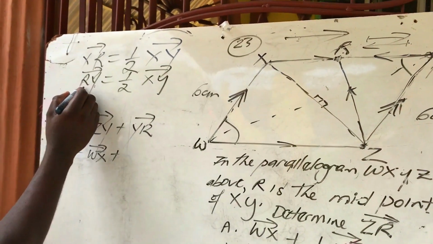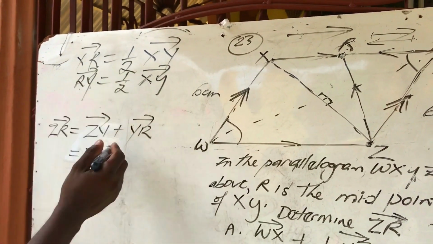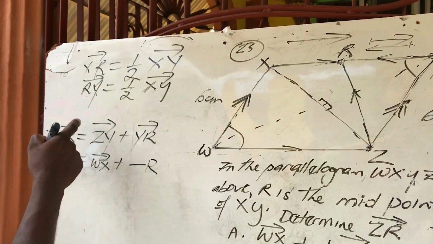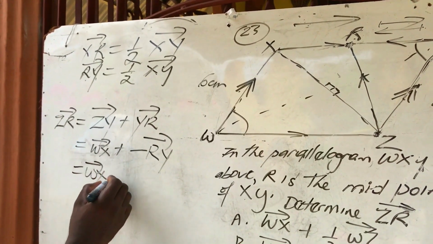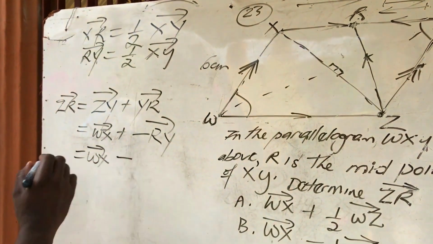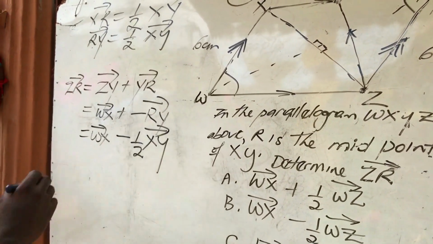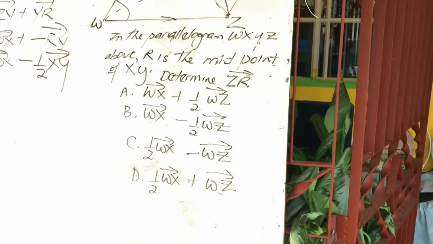So since vector RY is half of XY, then YR must be the negative of vector RY. We have vector WX, and then plus the negative of RY, which is the negative of a half of vector XY. And then we check to see if that answer is there.